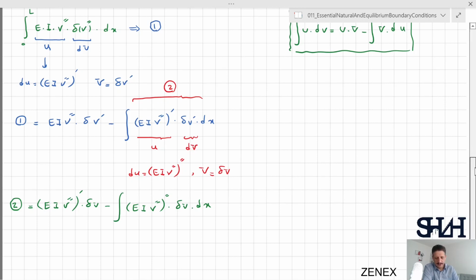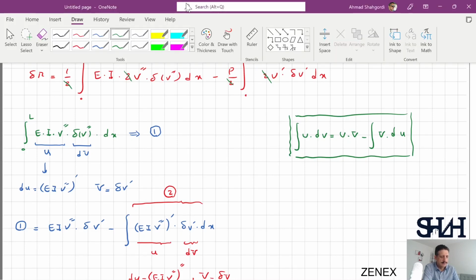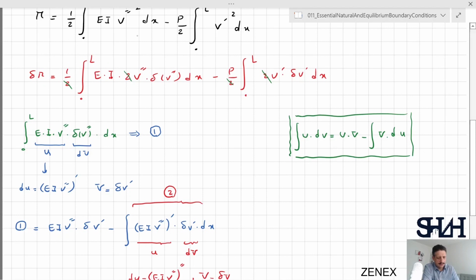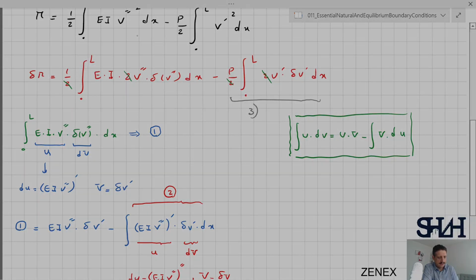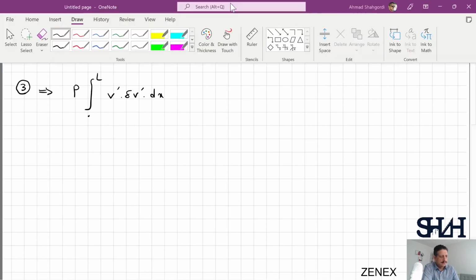And now I can apply the same method to the next part of our equation. Let's call that part number 3. So number 3, the equation is P integration from 0 to L of v' delta v' dx. The same concept.